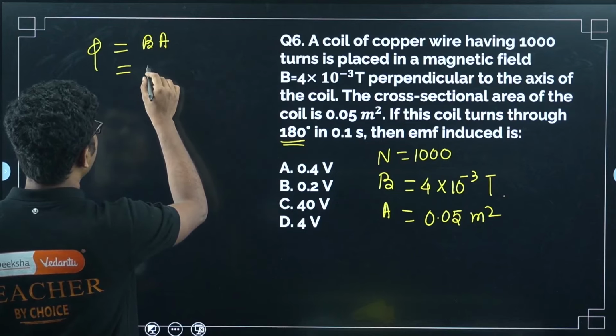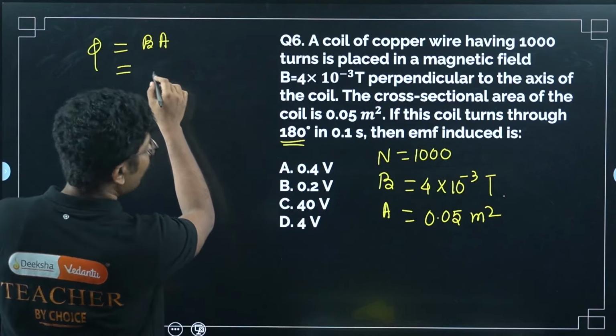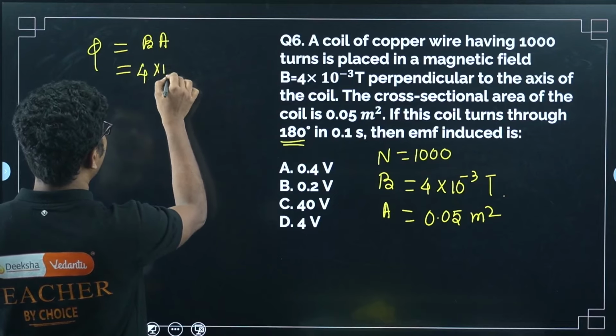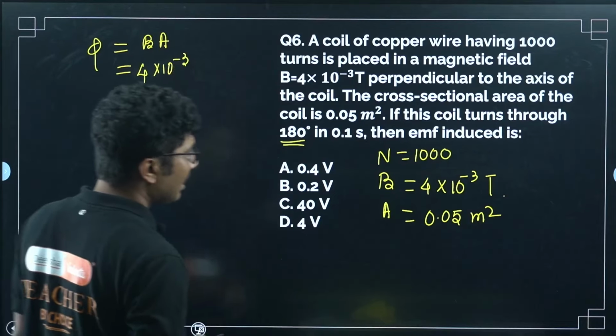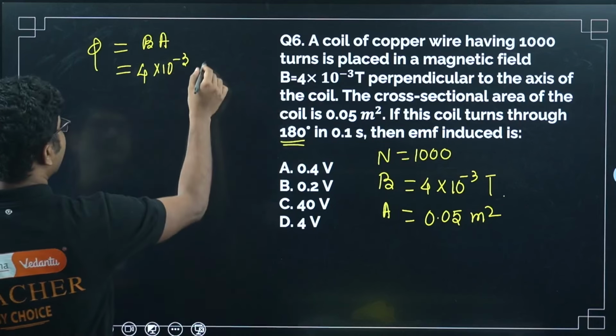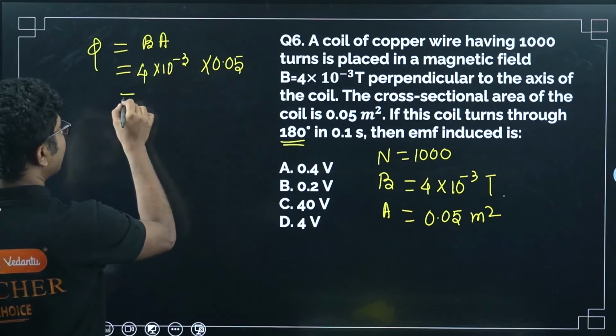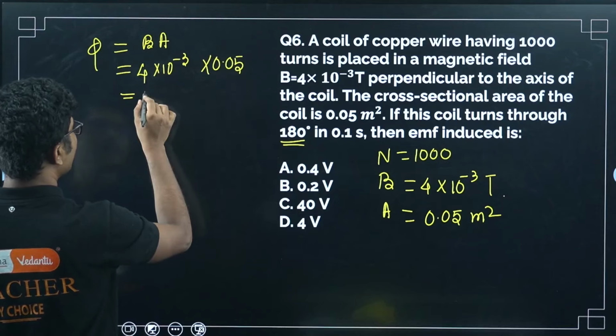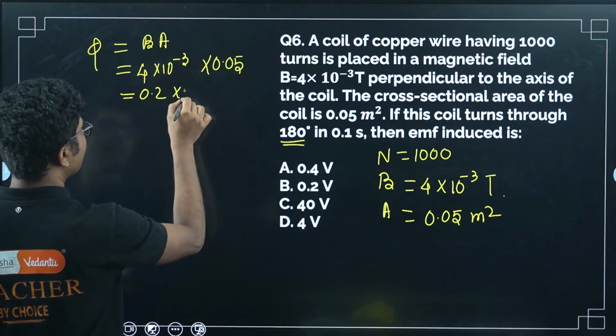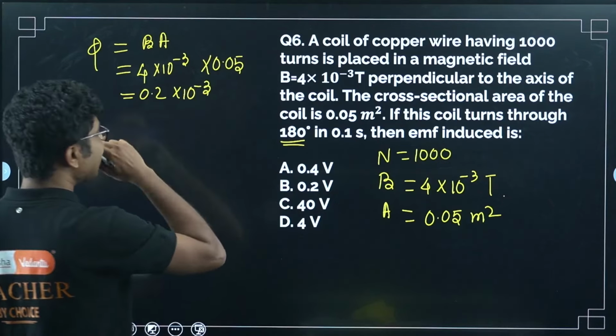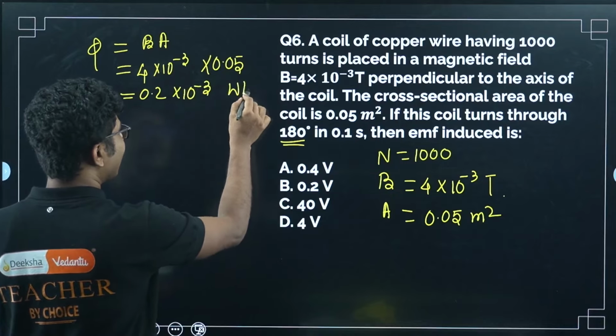That will be 4 times 10 to the power of minus 3 times 0.05. So 5 4s are 20, so 0.2 times 10 to the power of minus 3. This is the initial flux linked with the coil.